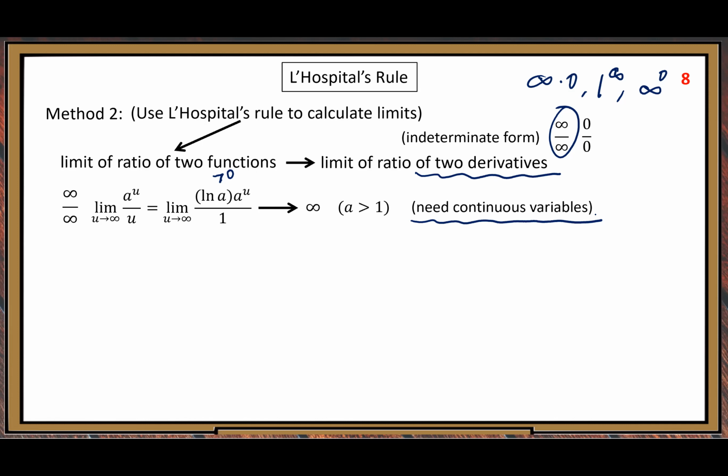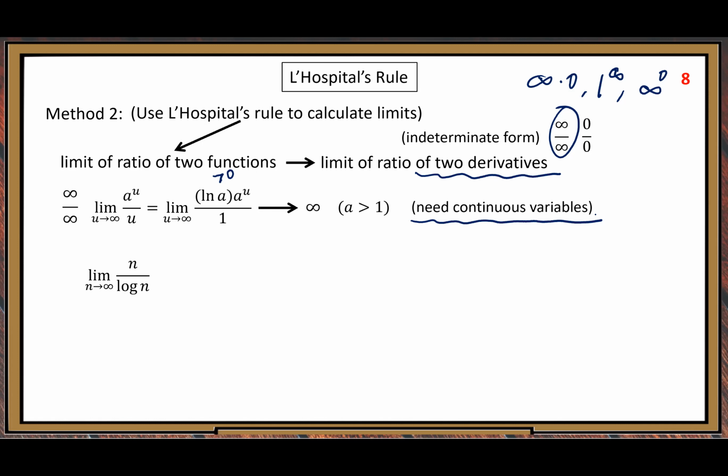Here, let me show you another example. What's the difference between discrete variables and continuous variables? Look at this ratio of two functions, n over log n.